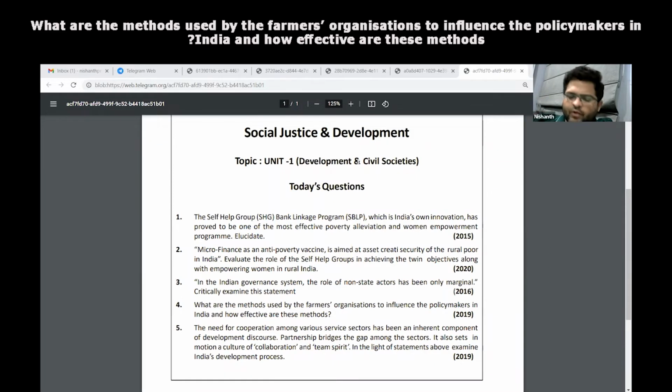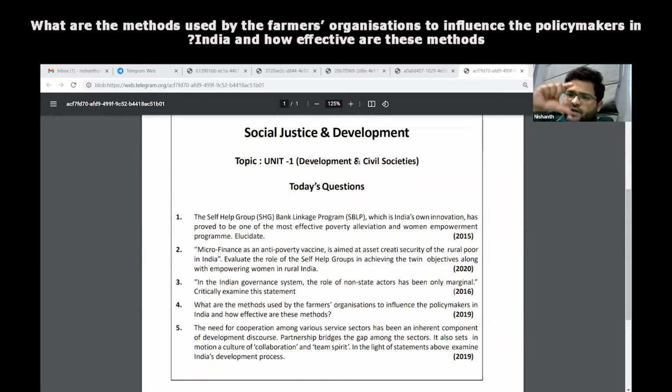Protest, we have seen that. Satyagraha, fast unto death. Politicization, you can see how a particular farmers union is saying don't vote for this party, don't vote for that party. That is politicization. And then going out and reaching out to people through electronic media, print media, etc. So these are various forms of protests.